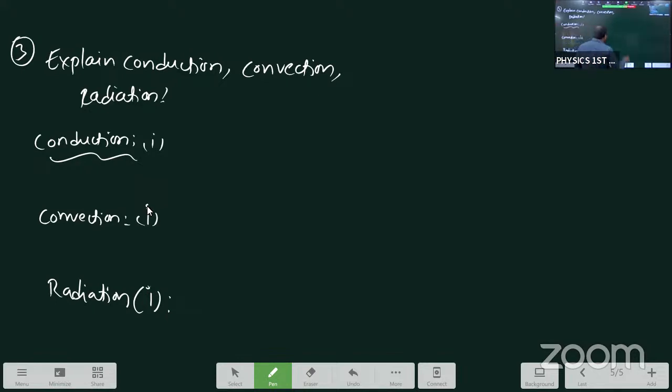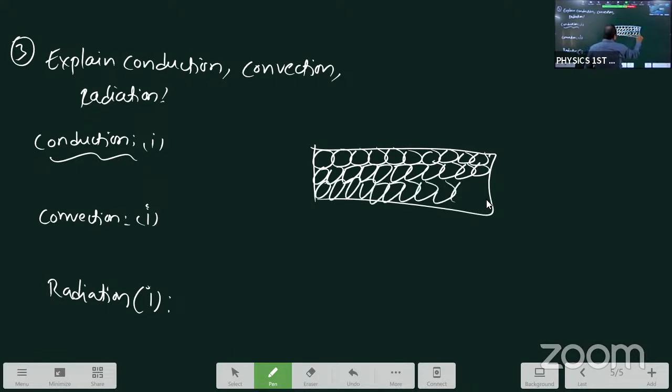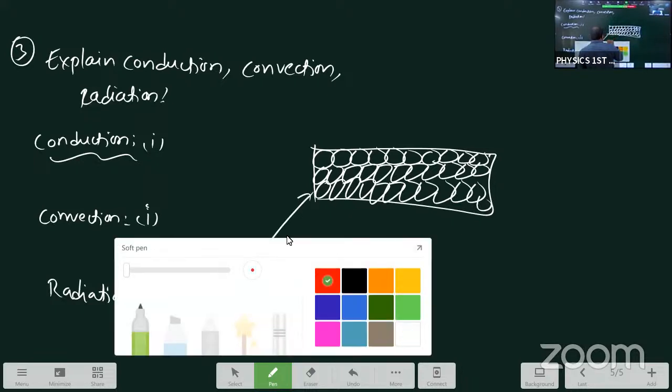For example, you take solids. Solids are nothing but molecules closely packed like this. Just we are supplying heat here.